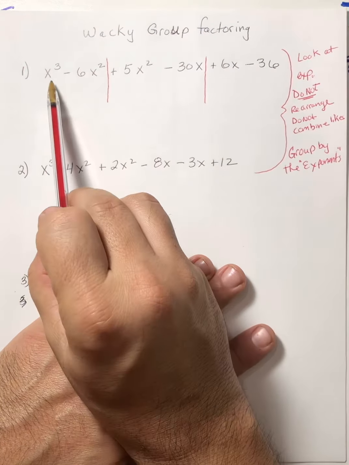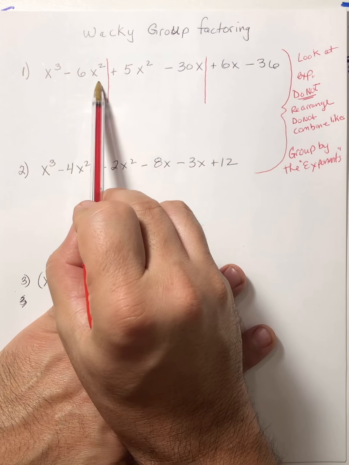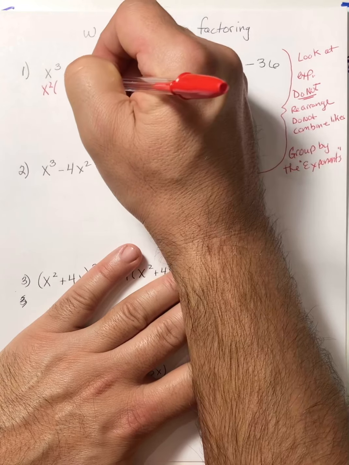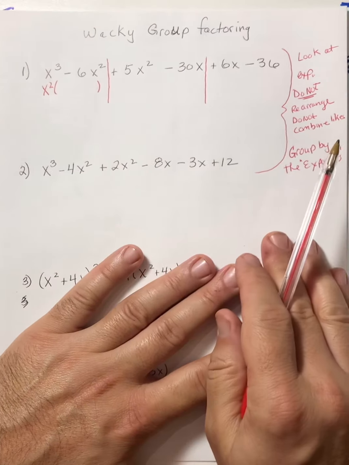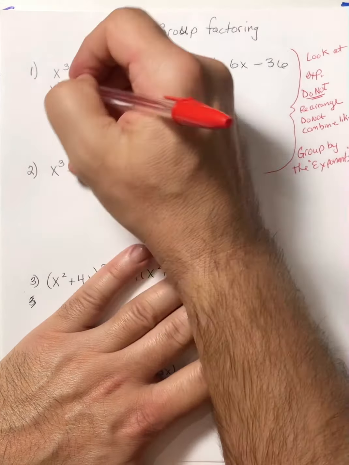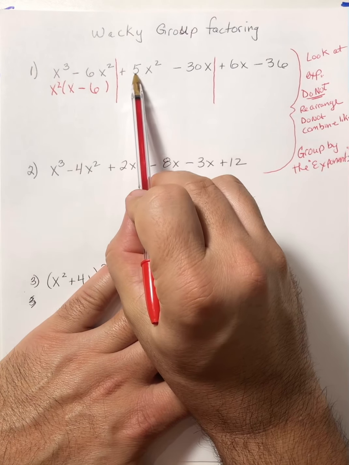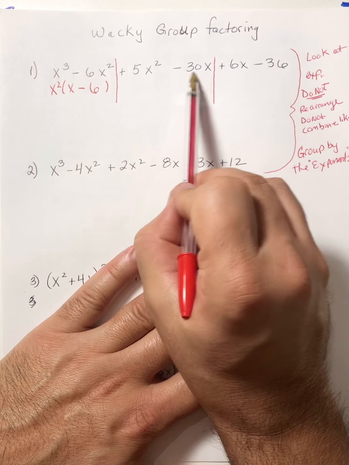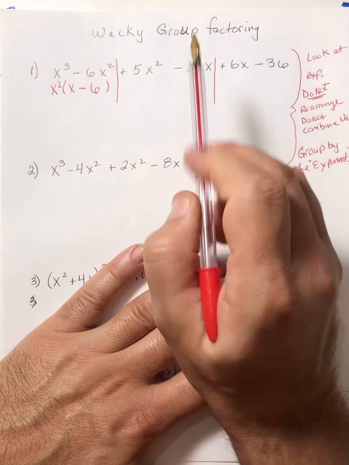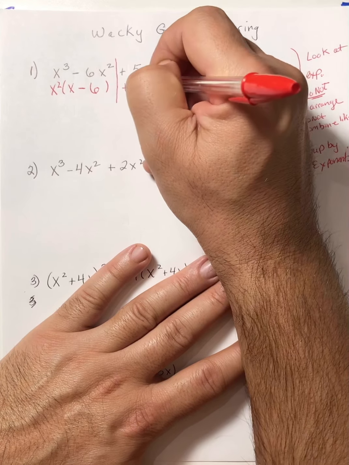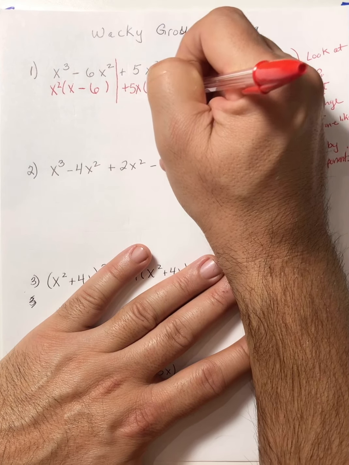And now I just say, what's my greatest common factor? That's right, x squared. And now, what do we have here? That's right, x minus 6. All right, what's your GCF here? That's 5x. So plus 5x, and then I have an x minus 6.